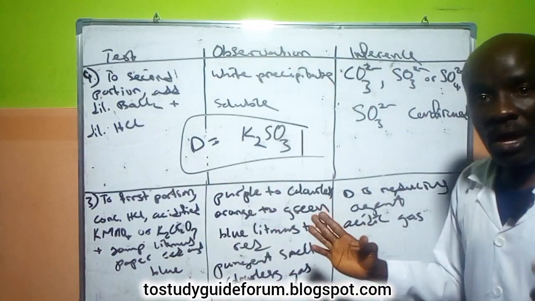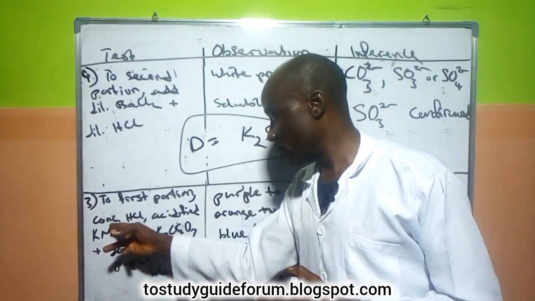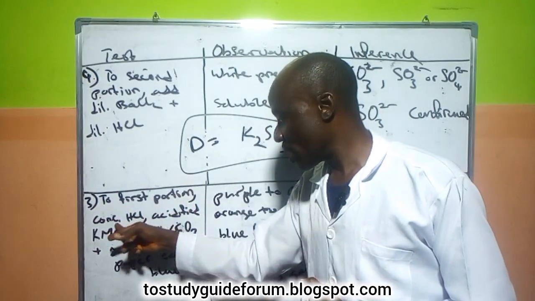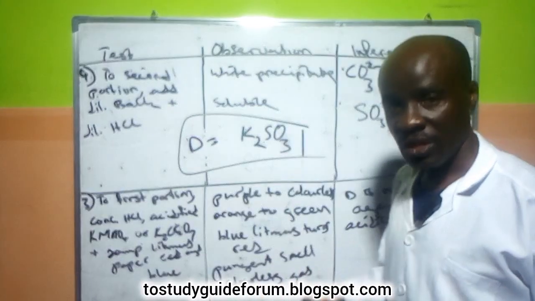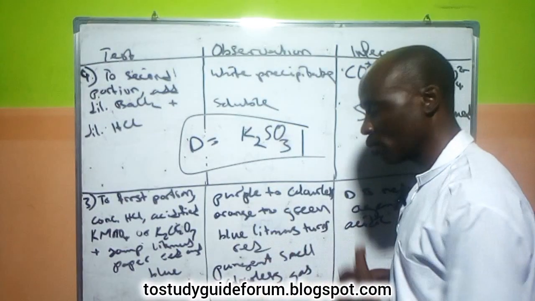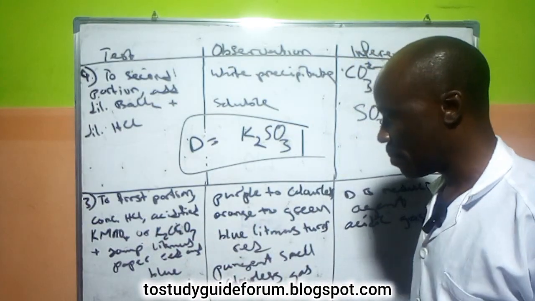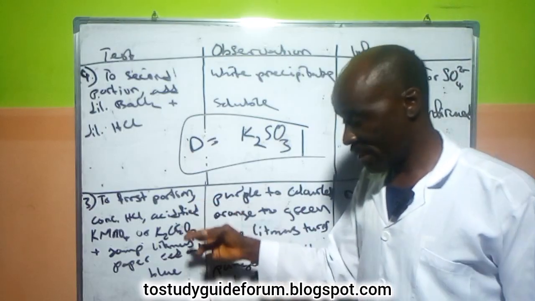Now, another way of doing it, mostly with gases, when you're using a solid sample or even a liquid, once you add hydrochloric acid there, then you channel it, you put your delivery tube and bubble it into any of these acidified solutions, any of them will give you the same effect.